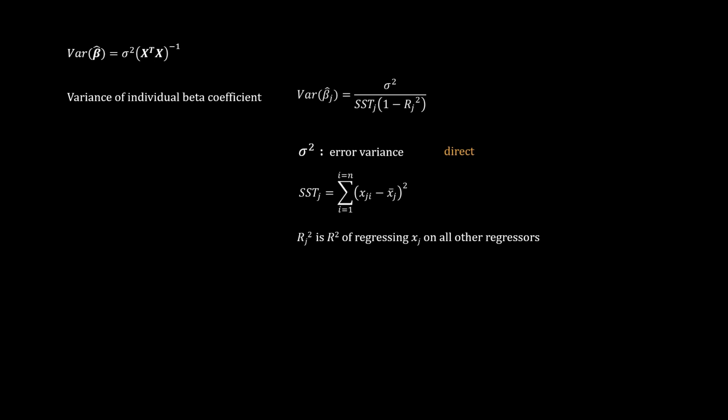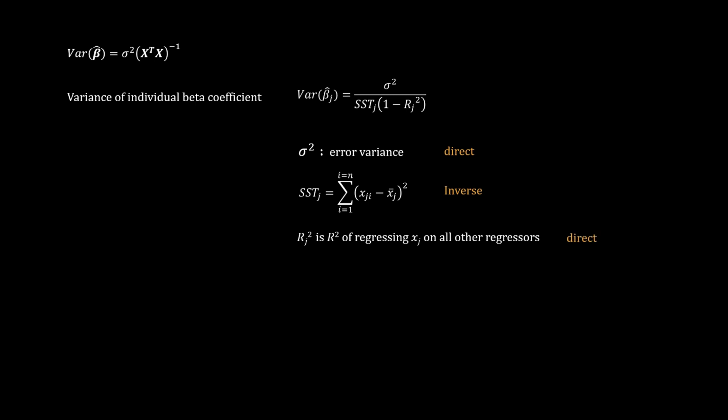It means the more the error variance, the more the uncertainty on the beta estimates, which is intuitive and which is what we also had in case of simple linear regression. It is inversely related to SST j, which is the total sum of squares for the jth regressor. So we simply add the squared differences of observed values from their mean for a given regressor j. We also had this in simple linear regression, where we said that sample variance actually helps to reduce uncertainty in beta estimates.